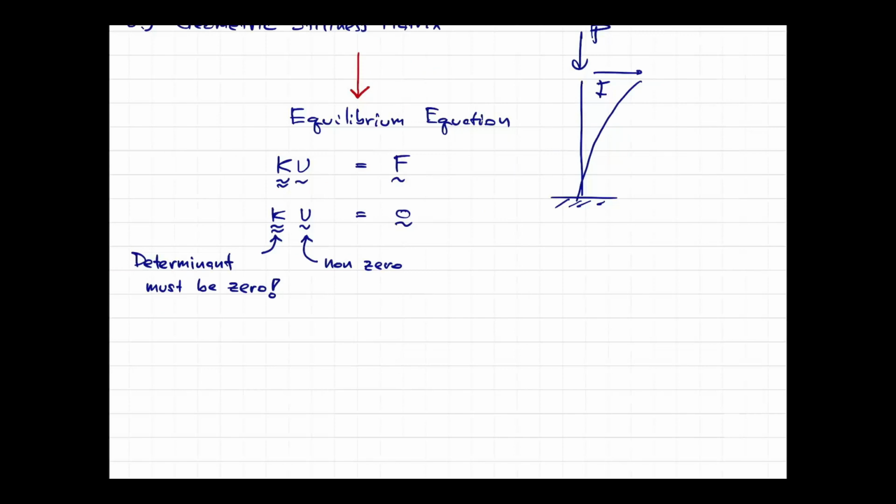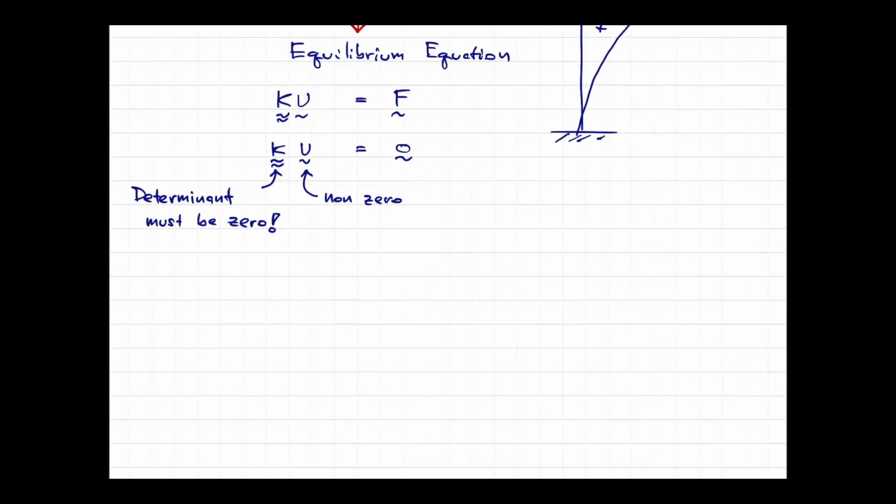Okay, so inside the K, if we look at the stability function, you have F12, F6, minus F12, F6, F6, F4, minus F6, F2, minus F12, minus F6, F12, minus F6, F6, F2, minus F6, F4.